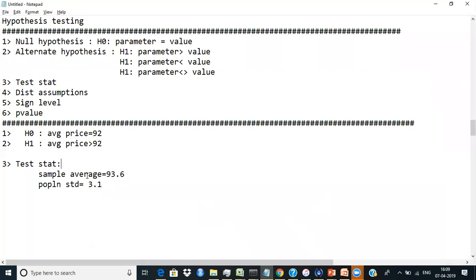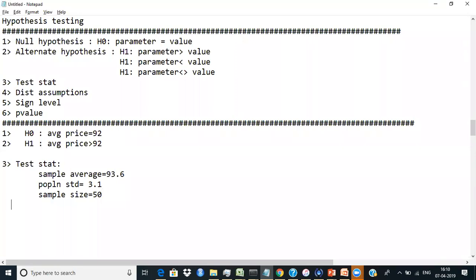What we know from the central limit theorem is that the sample average follows a normal distribution with a mean equal to the population mean and a standard deviation equal to the population standard deviation divided by the square root of the sample size. What is the sample size here? 50. All of you are fine with whatever I have written?